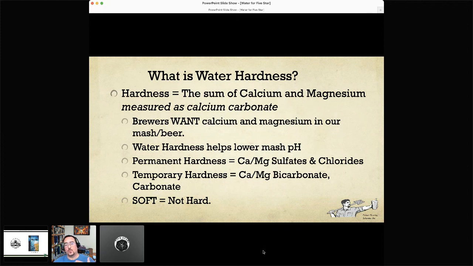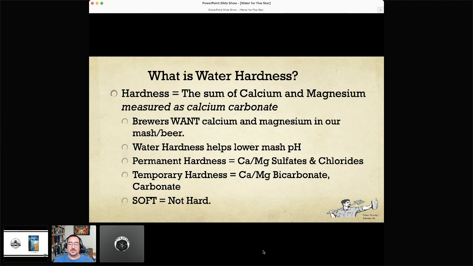As brewers, we want calcium and magnesium in our water. It facilitates lowering the mash pH and good yeast health and flocculation. We talk about two types of hardness. Permanent hardness: this is calcium and magnesium that are dissolved from sulfates and chlorides, high solubility salts.